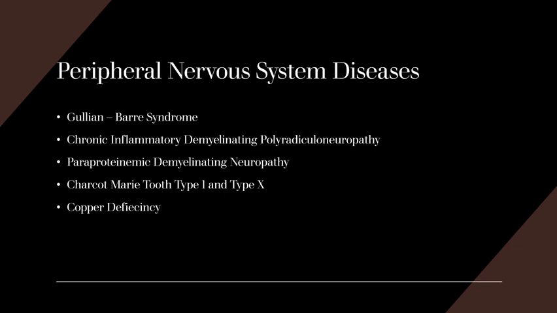Chronic inflammatory demyelinating polyradiculoneuropathy. This is a slow-developing autoimmune disease that attacks myelin. Paraproteinemic demyelinating neuropathy. This is a type of neuropathy associated with the presence of an antibody that is associated with malignancy.